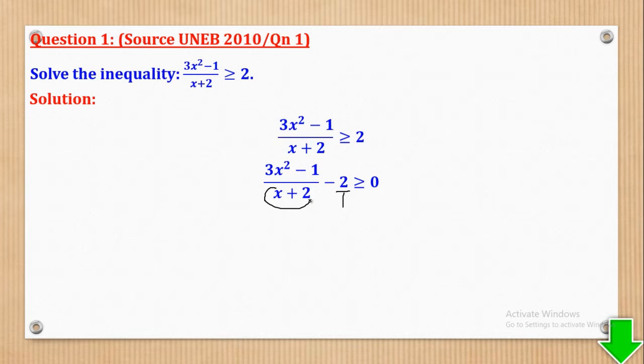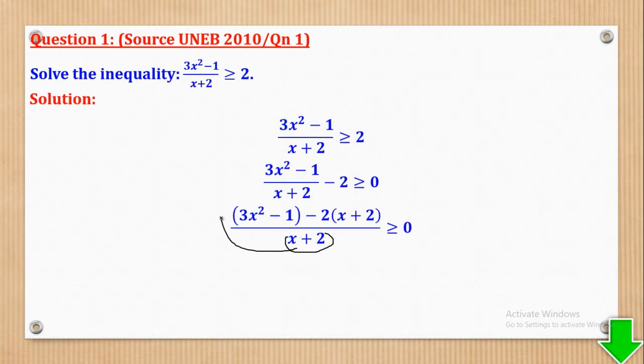In other words, get this LCM and combine these two into a single fraction. How? Put the LCM down, then this LCM divided by this is 1, then 1 times this gives you this part. Then this minus is maintained. Then this LCM divided by 1 is this, then times this gives you that. So that is what we mean by a compound fraction.